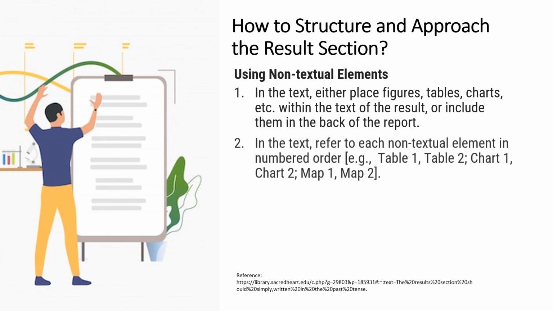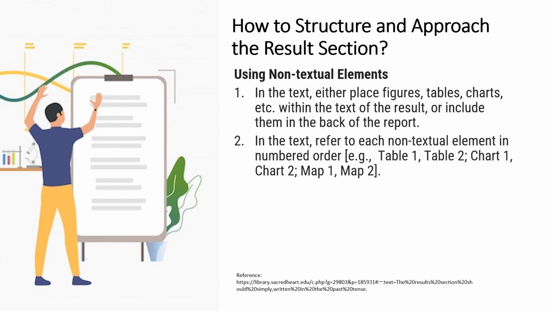Also in the text, refer to each non-textual element in numbered order. So in the way that you stated in the text should also be the way that they are presented in the table or the chart, and they should be in order. They should not just be random.